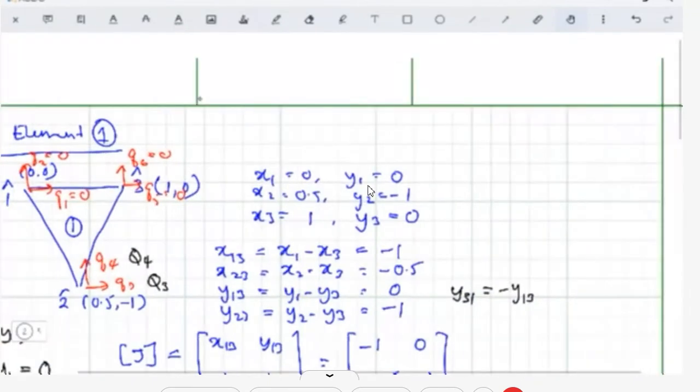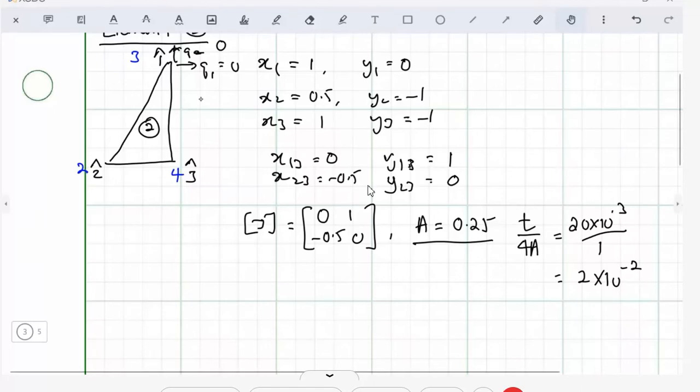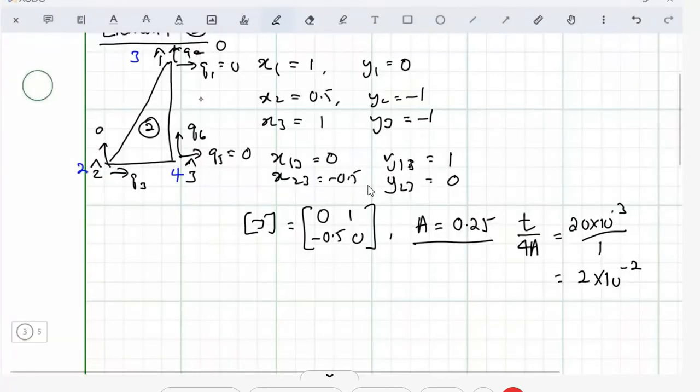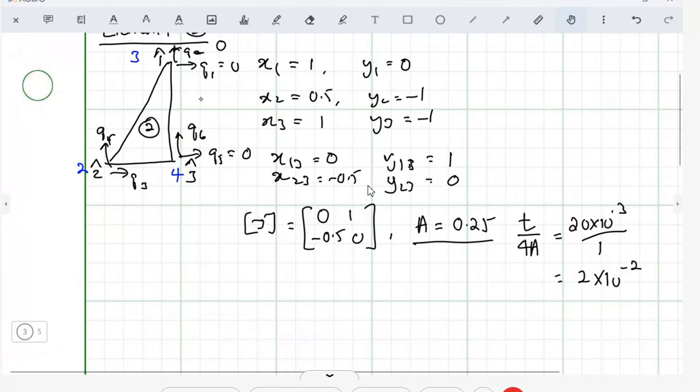And if we look at element number 2 again, we know that Q5 is equal to 0, Q6 is not equal to 0, and then we have Q3 and Q4. So we expect a 3 by 3 matrix, because we know that there are 3 boundary conditions out of 6 degrees of freedom.